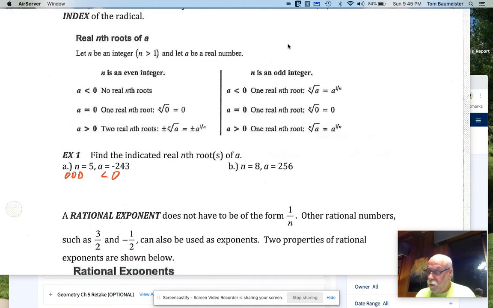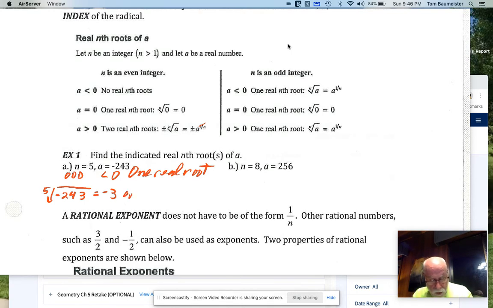According to our diagram here, we should have one real root. So what that tells us is that the fifth root of negative 243 is going to equal negative 3.